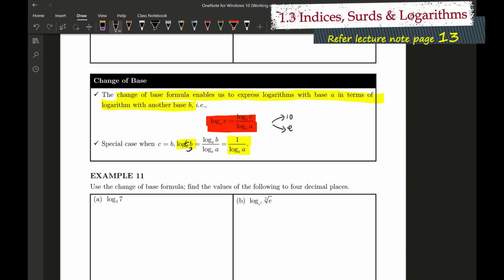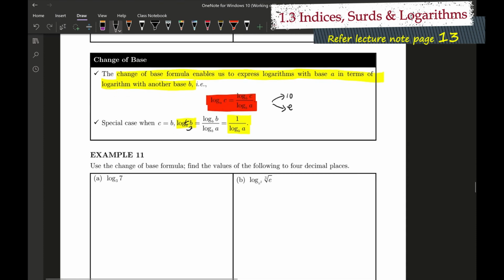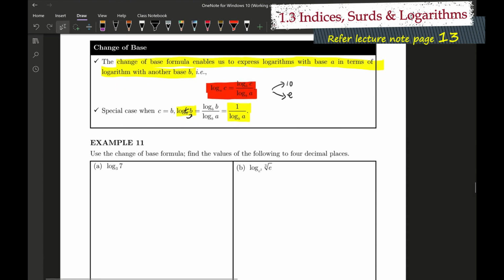Now, like this question, example 7, we try to do example 7. The question asks us to find values of the following to 4 decimal places. Meaning we need to calculate using a calculator to get a value with 4 decimal places.